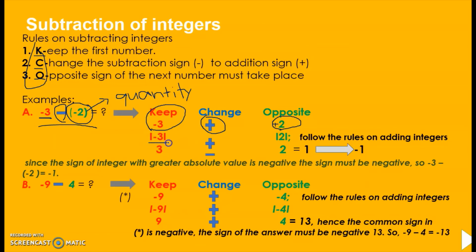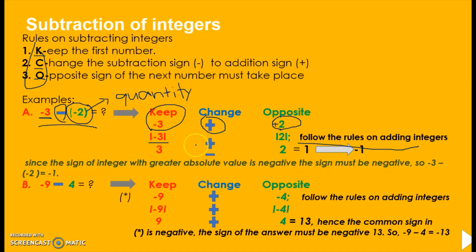The next part is to take the absolute value of every integer. Negative 3 is for the absolute value of negative 3, then copy the plus sign, and the absolute value of 2, that's it. As you can see here, follow the rules of adding integers. So the absolute value of negative 3 is 3.